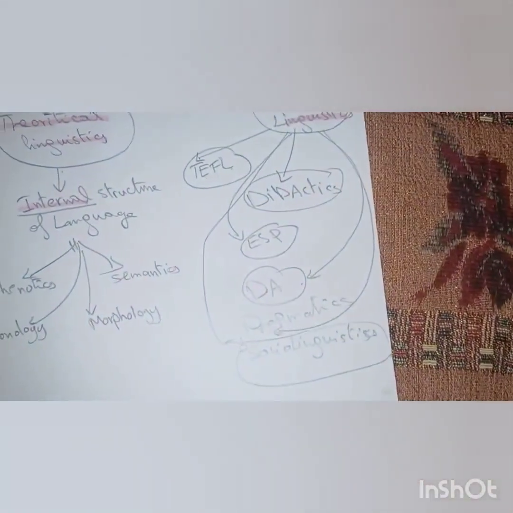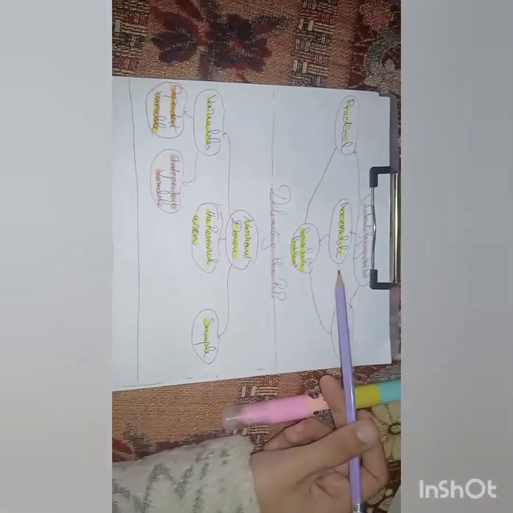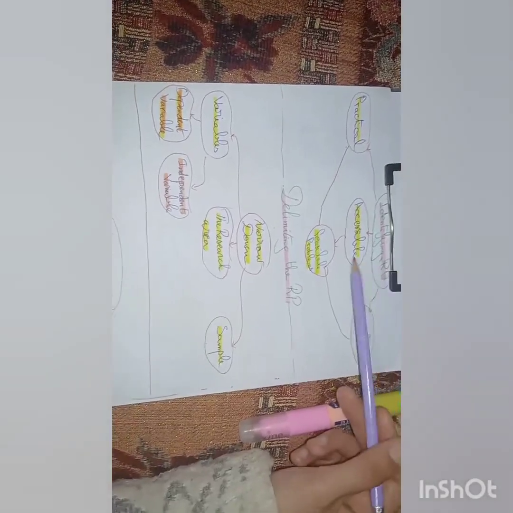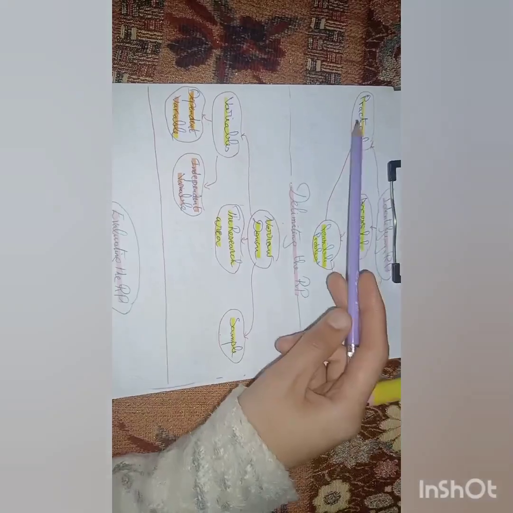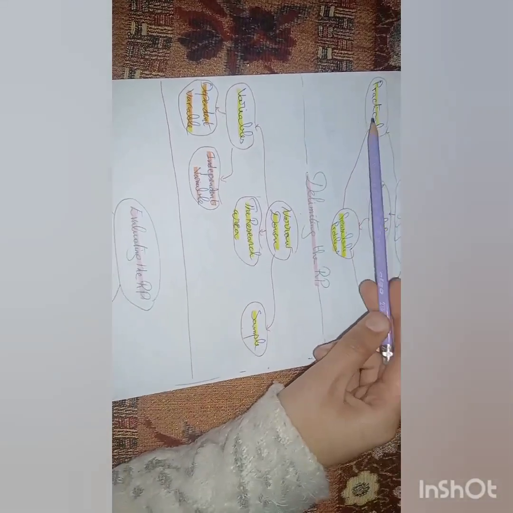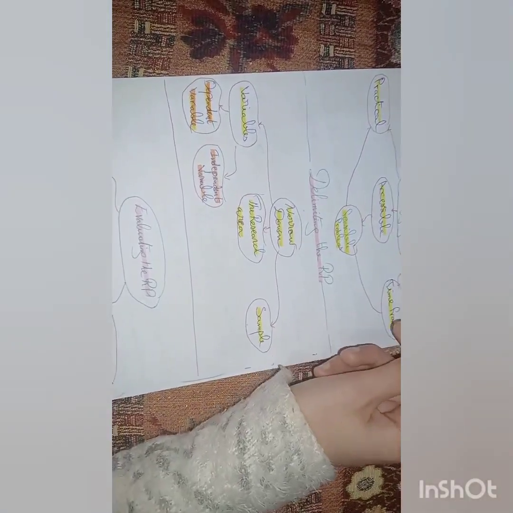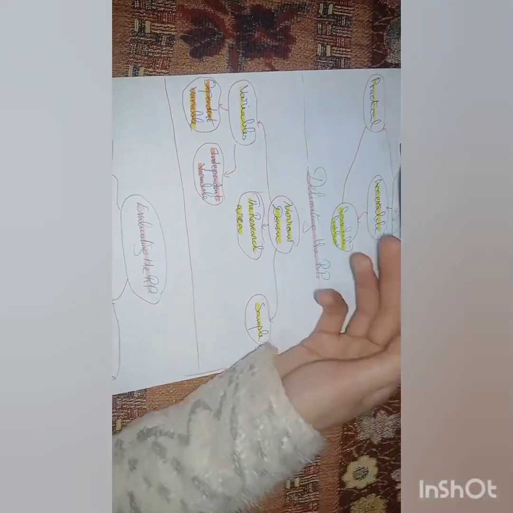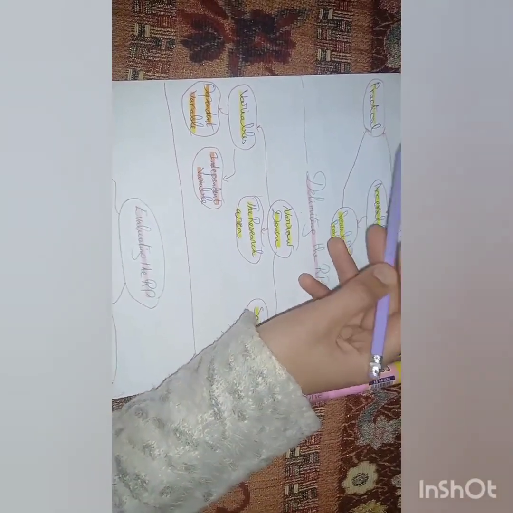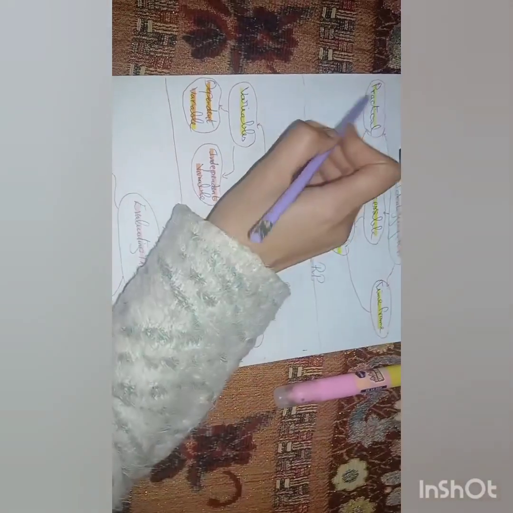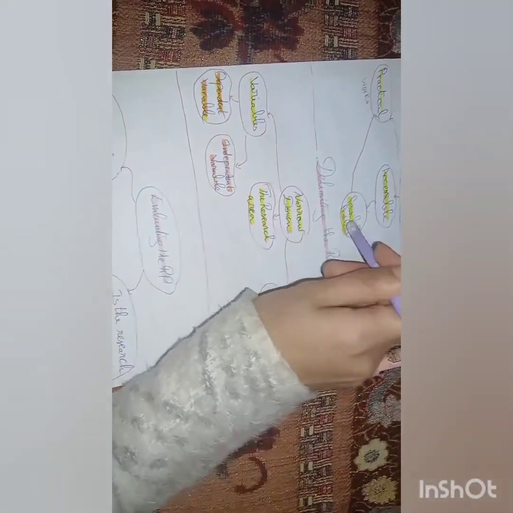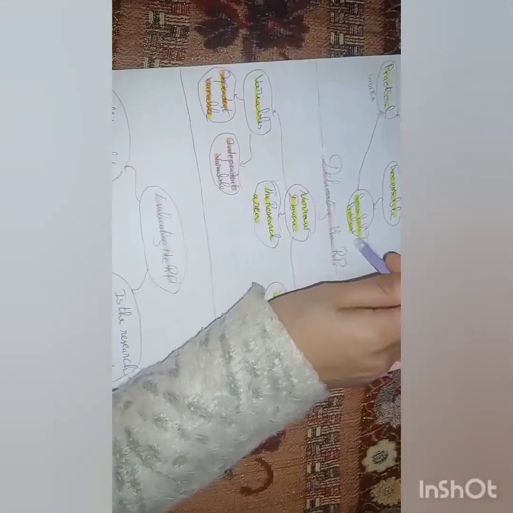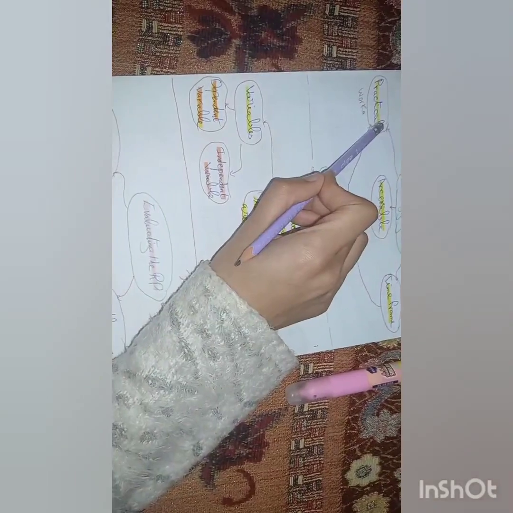We'll see another title: how you can identify the research problem. To identify it, you have to know what a good research problem is. It is feasible. To be feasible, it has to be practical and workable. A feasible research problem is one that is practical and can be solved.